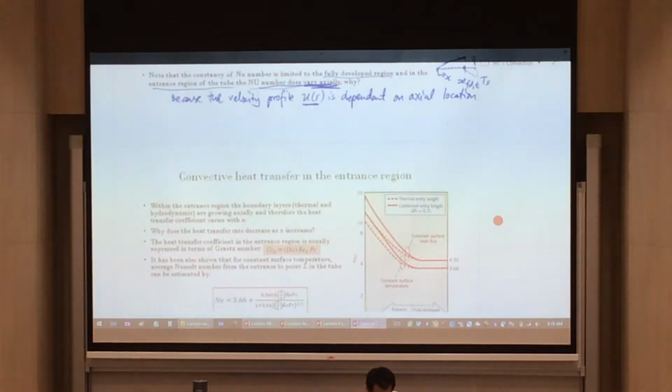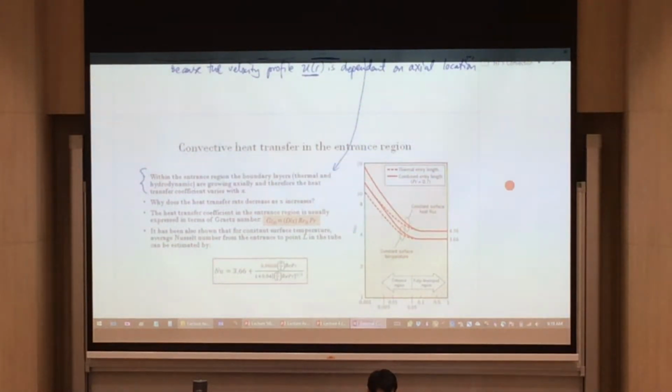Now this other one answers a little bit of what you have in this question over here. So this why is also partially answered by this first sentence. It says that within the entrance region, the boundary layer, and boundary layer refers to your thermal and hydrodynamic.